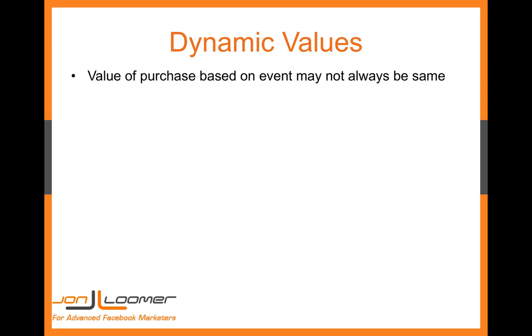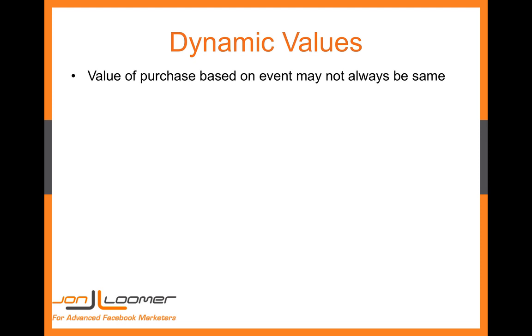The value of a purchase based on an event may not always be the same. So you've got a standard event of purchase. Sometimes it could be $40, sometimes it could be $100. Sometimes you bought 3 products, sometimes you bought 1. So we can't just say when you hit this thank you page, it's always going to be worth $50. All right.